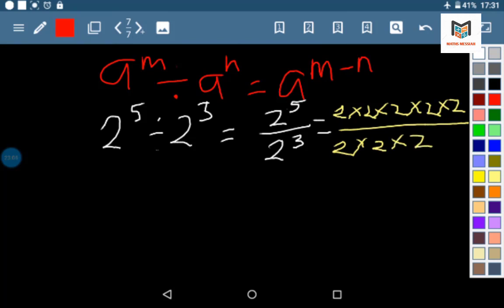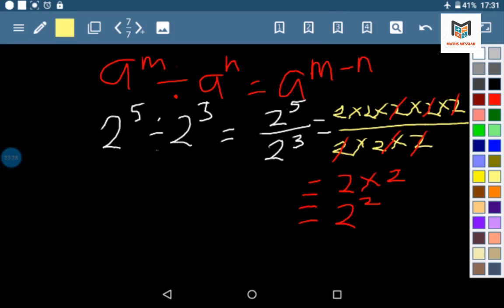Then we can do a cancellation. This one takes away this, this one takes away this, and this one takes away this. So we have 2 multiplying 2, and this one can be written as 2 raised to the power 2.